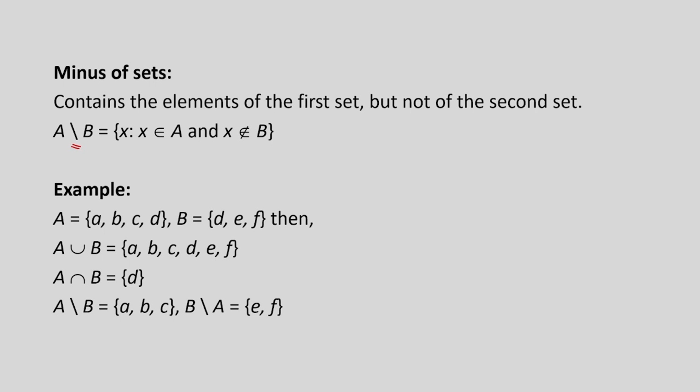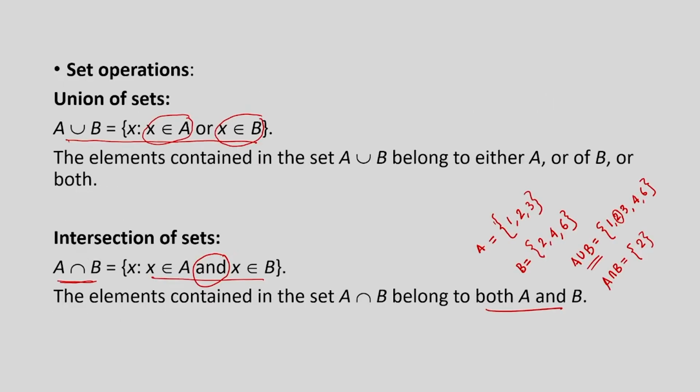So, here this is defined as the following, that X is a typical element of this new set, and X satisfies the property that it belongs to A, but it does not belong to B. So, if I take the previous example and if I want to take A minus B, then what will this be? It will be just 1 and 3, right. So, both 1 and 3 satisfy the property that they belong to A, but at the same time they do not belong to B.